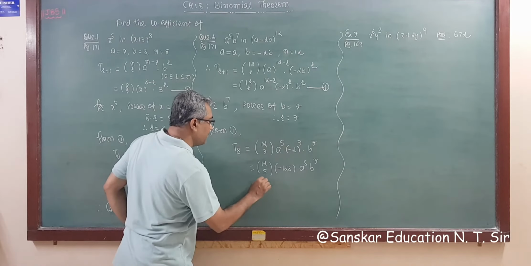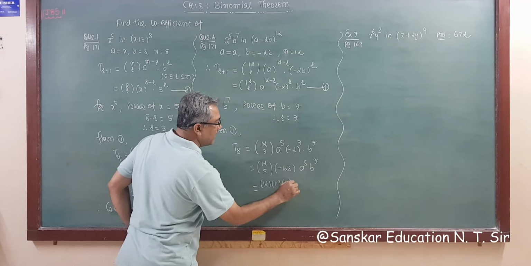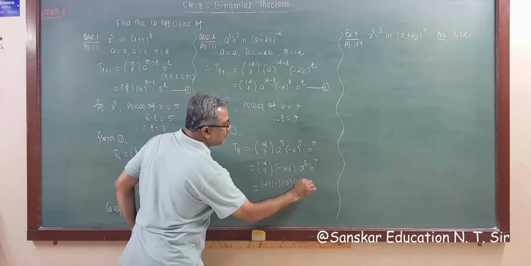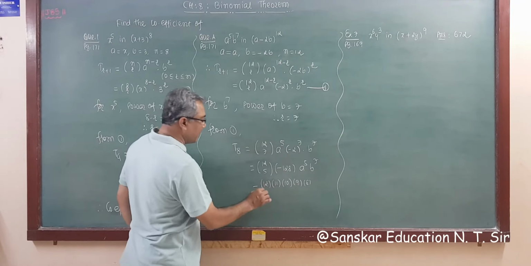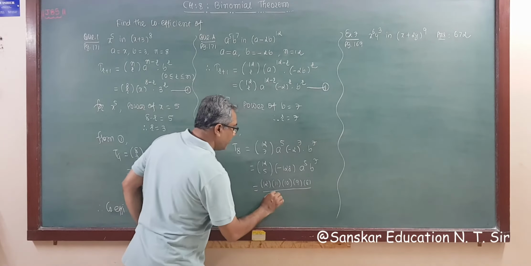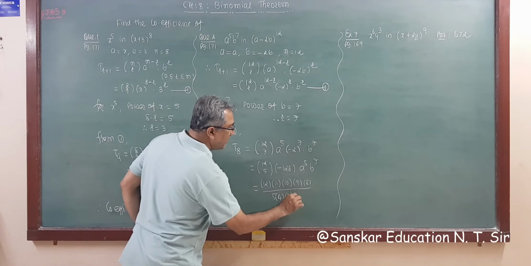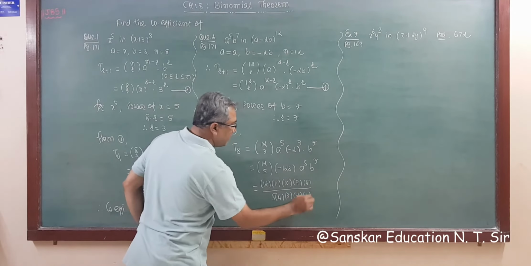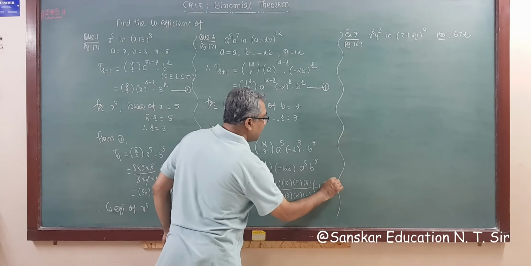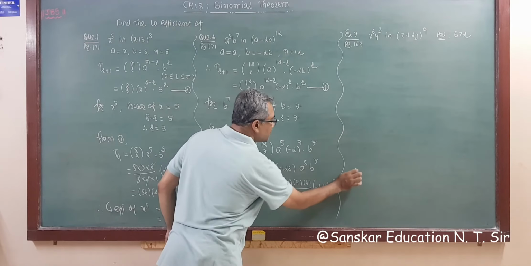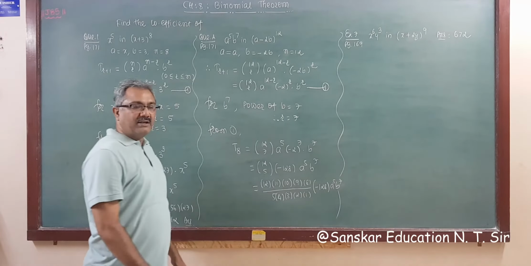So 12C5 means 12 into 11 into 10 into 9 into 8, 5 consecutive numbers because r is 5, whole upon 5 into 4 into 3 into 2 into 1, into minus 128 a raised to 5 b raised to 7.